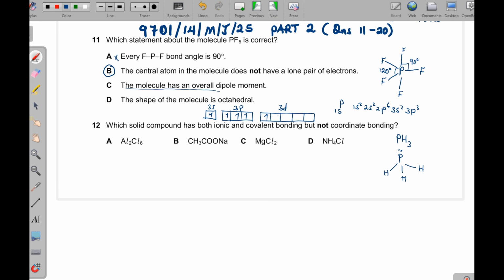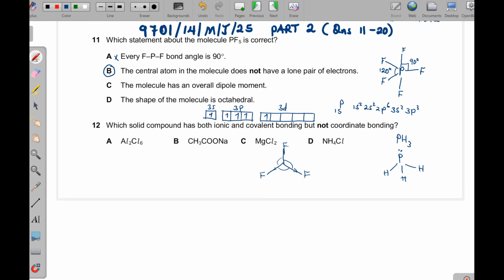The molecule has an overall dipole moment. Now, these ones here on the horizontal are at 120. They are in that triangle, so it is this, that, and that, and the angle is the same all through, 120. They have the same dipoles, because fluorine is electronegative, so it tends to pull bonding electrons towards itself.